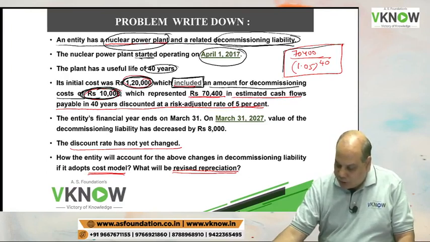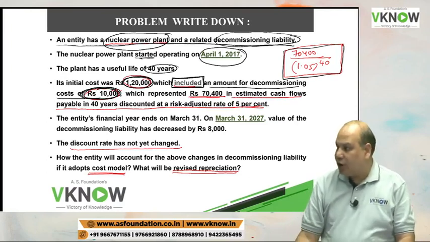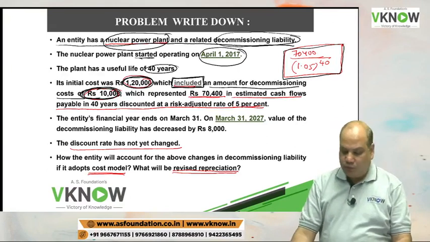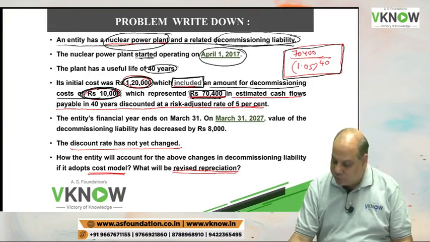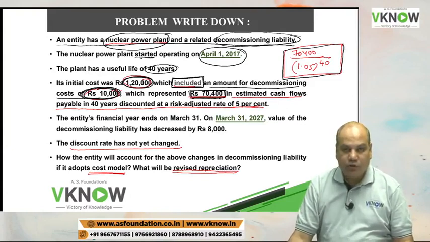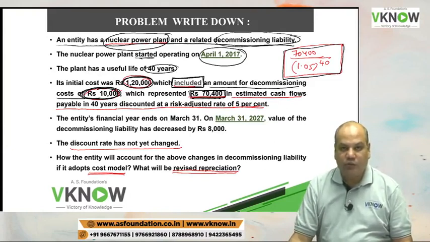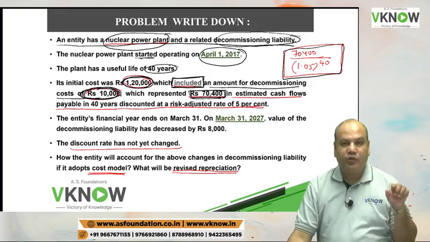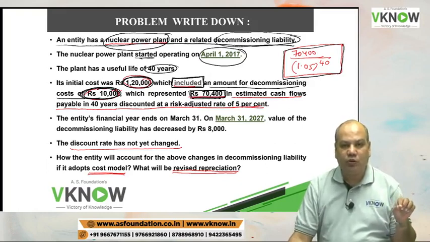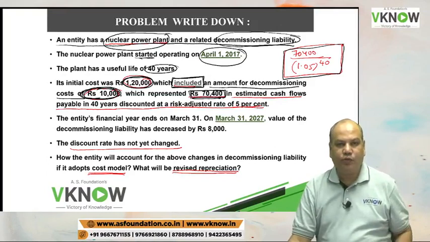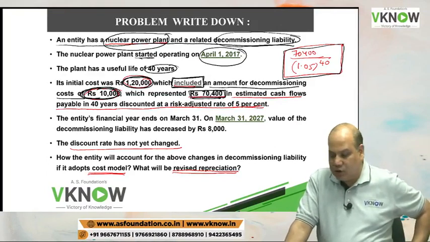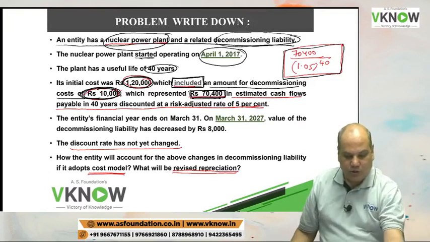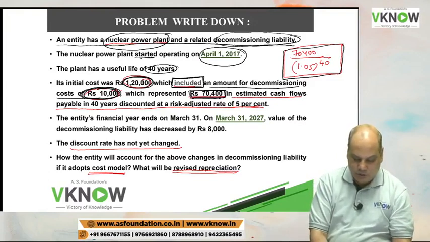Now try on your calculator, type 70,400, which is the estimated decommissioning cost after 40 years, divided by 1.05, press equal to 40 times, and tell me how much is the answer.